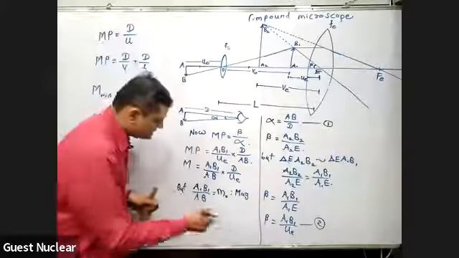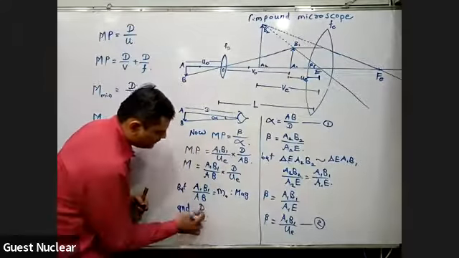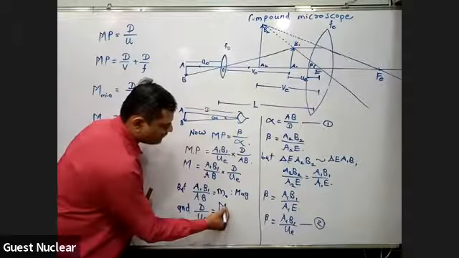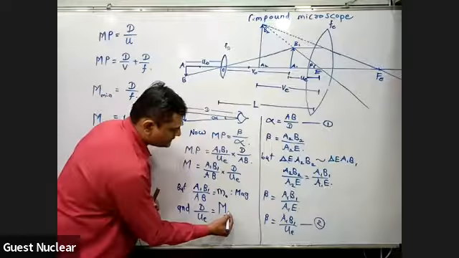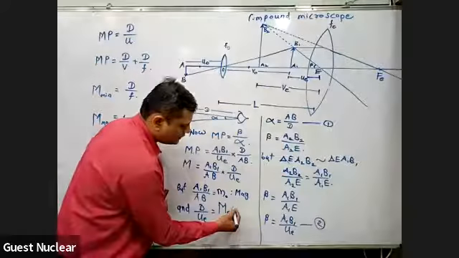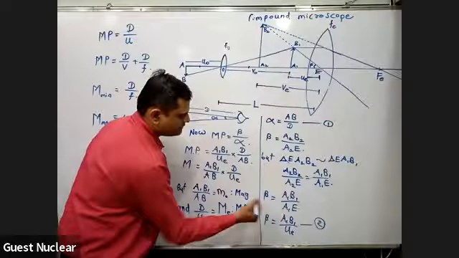So in the next step, we can say that this capital D upon UE is nothing but the magnifying power of that eyepiece, which can be denoted by ME, okay. So we can call it the magnifying power of eyepiece.